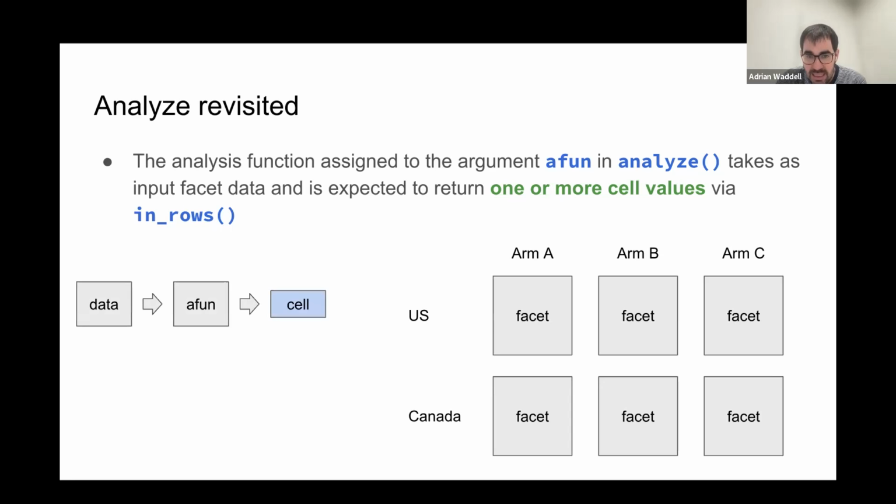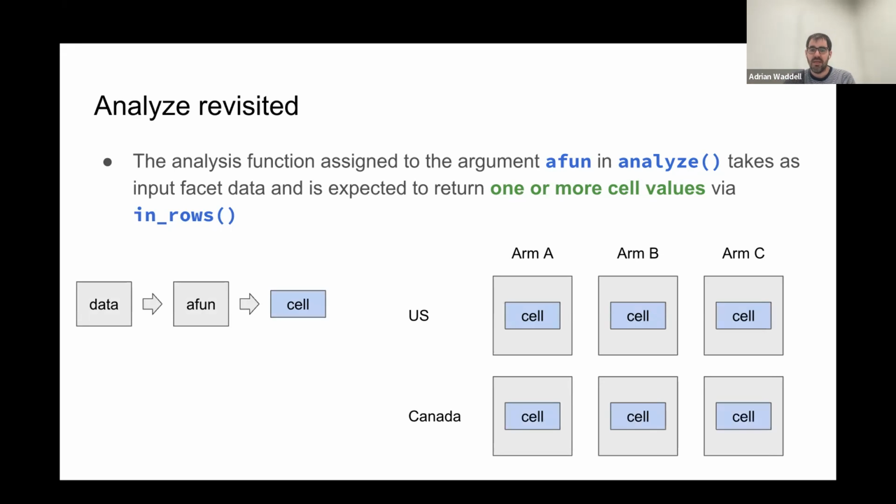And we know that the analysis function takes the facet data in, like the subset of the data, and can spit out the cell. So essentially what the tabulation framework will do is create the cell for the first facet, then for the second, third, and so on. It just iterates over every facet and creates the cell given the particular data.